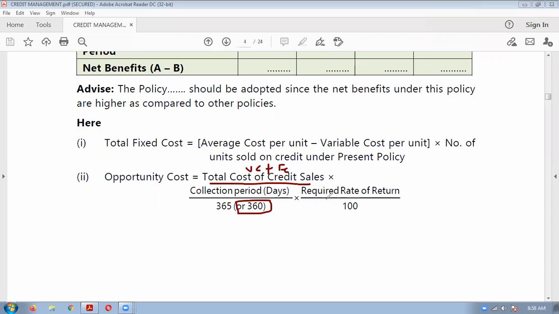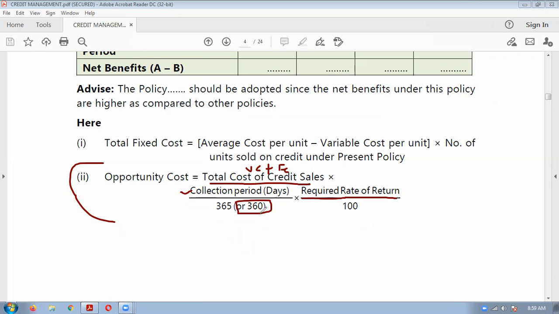Then the required rate of return. What is the return you are foregoing by giving the goods on credit? Divided by 100, because the return will be in percentage. So remember the simple opportunity cost formula: total cost of credit sales, which is nothing but variable cost plus fixed cost, given in the question, into the collection period, also given in the question, divided by 365 or 360 depending upon the question.